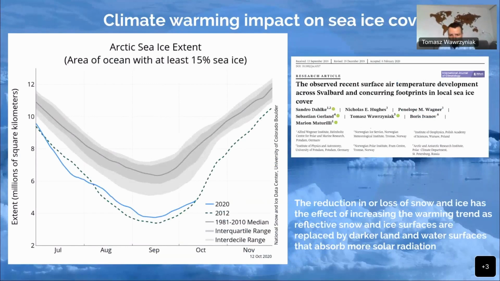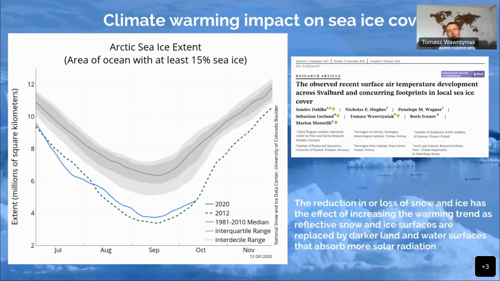Also, sea ice conditions are influenced by climate change. What we see is the reduction of snow and ice that has the effect of increasing warming trend, as reflective snow and ice surfaces are replaced by darker land and water surfaces.